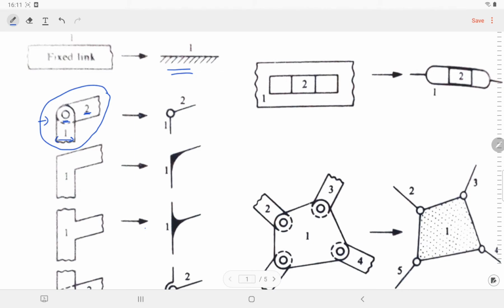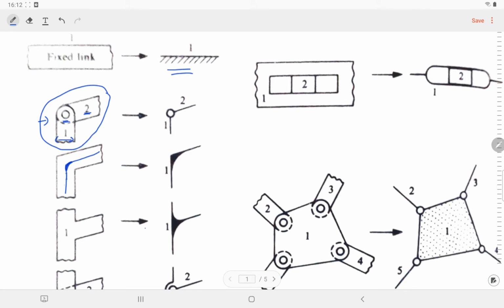If this whole thing is fixed, there is no relative motion, which means we can treat it as a single link, but we still need to show that this link is not just a single straight line, but is like this. I'll draw this line, and in addition I will thicken this region in order to say that it's fixed.